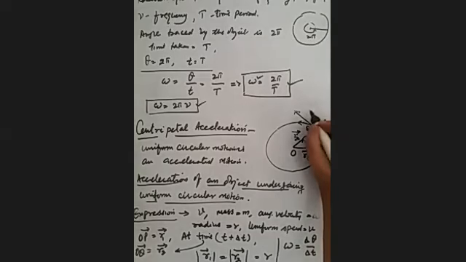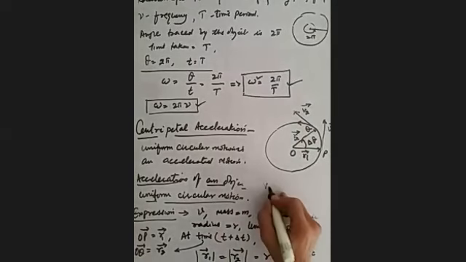Now draw the velocity vector at P and Q. Because the particle is moving in this direction, the velocity vector is given by the tangent at this point to the circular path. So these are the velocity vectors. Let us call this velocity vector v1 and this v2.